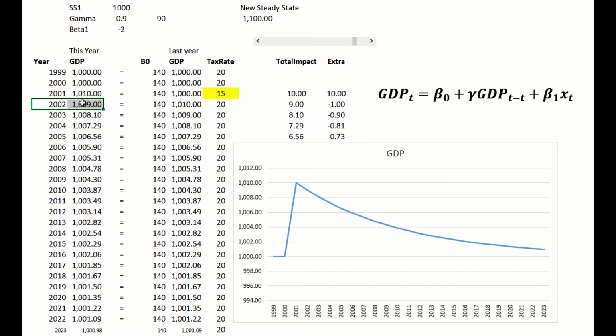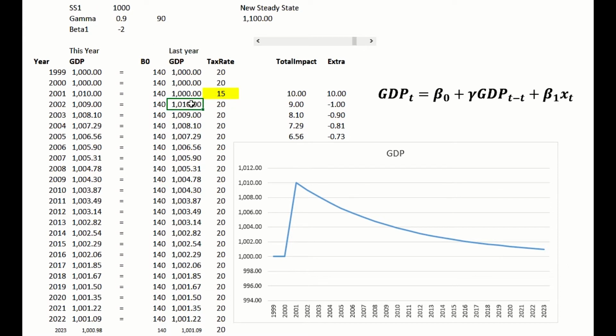And for 2002, even though the tax rate is returning back to 20, back to its original level, we now have a different previous year GDP. And through that mechanism, GDP is actually going to be higher than it originally was, than the 1,000 that we started.